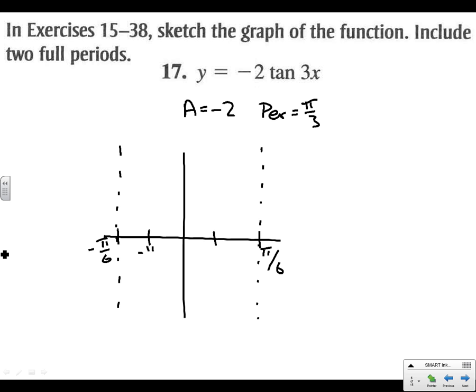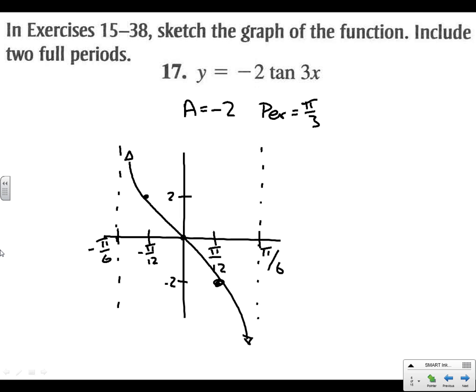Important points at negative pi over 12 and pi over 12. Amplitude of 2. Instead of starting low and finishing high, it's a negative, so we're going to start high and finish low. And there you have it.